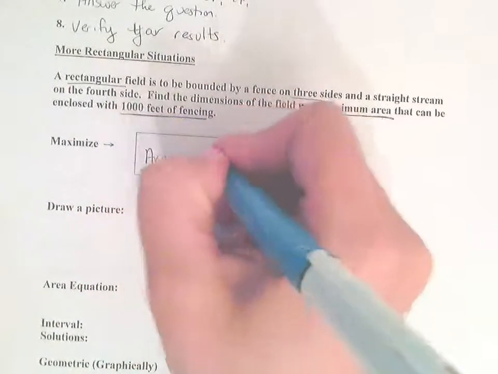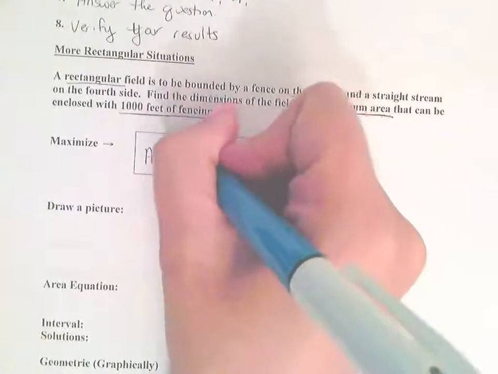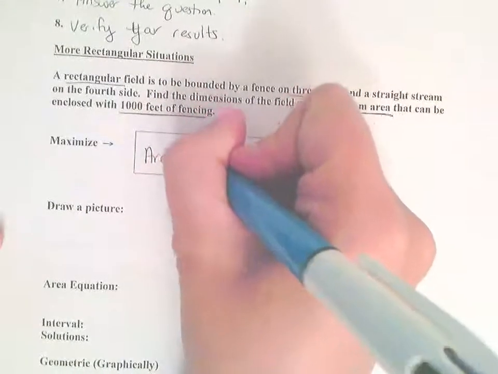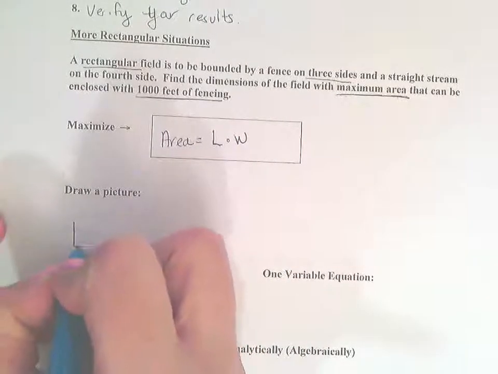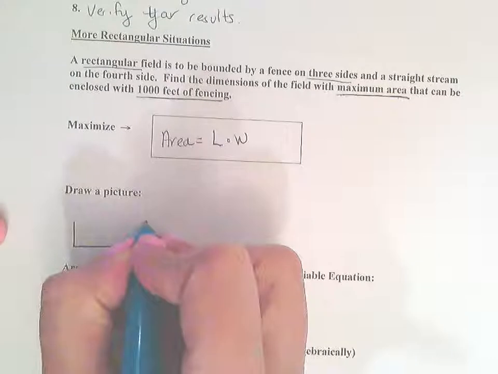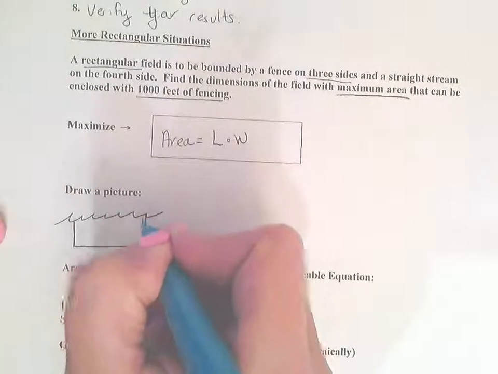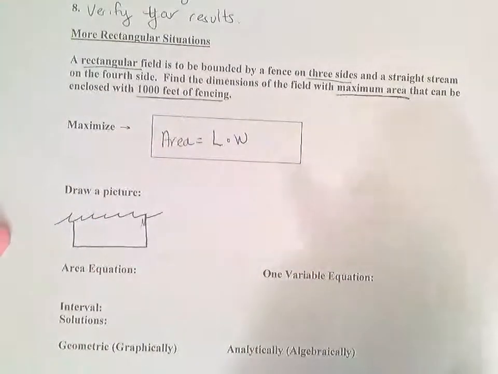We're maximizing area. And what is the equation for area? For a rectangle, it's length times width. I just like to write that down to remind myself. Now I want to draw a picture just so I know what I'm looking for. I have a fence that's going to be 3 sides, and it is a rectangle. And on the 4th side is going to be the stream, so this side is not going to be part of my fence.